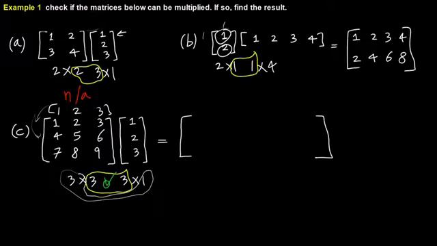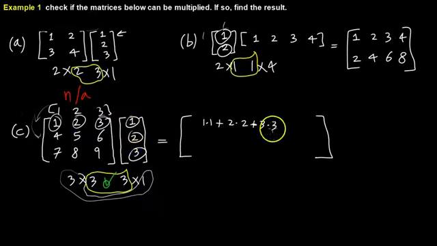So I'm going to go through this. We're going to have 1 times 1 plus 2 times 2 plus 3 times 3. The other way to think about it is 1 times 1, 2 times 2, and 3 times 3, and you add the results and put them into one entry here.